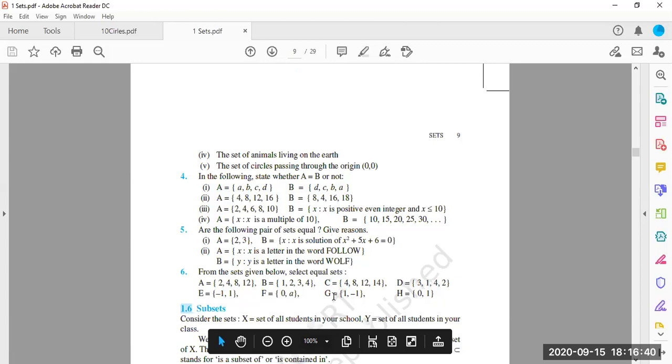E and G are also equal. 2, 4, 8, 12. A and C, no, they are not equal, because 2 is replaced by 12. So B is equal to D, and E is equal to G.